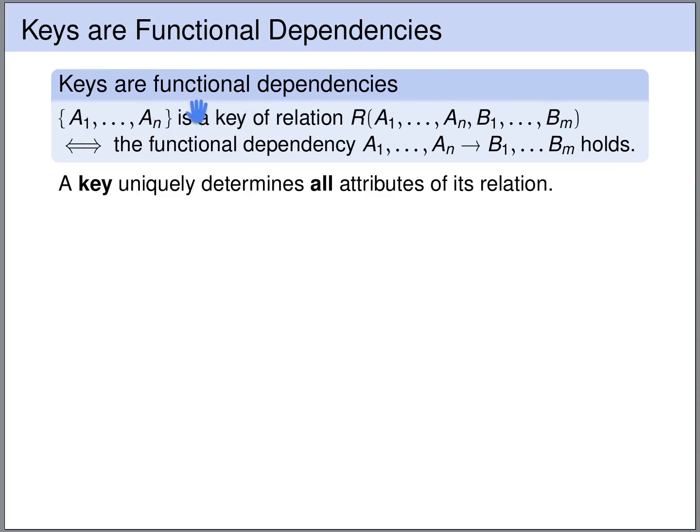Then A1 up to An is a key for this relation if and only if the functional dependency A1 up to An uniquely determine B1 up to Bm holds. The key attributes uniquely determine the value of all other attributes. So if we have a functional dependency that involves all the attributes of the relation, then the left-hand side is a key.